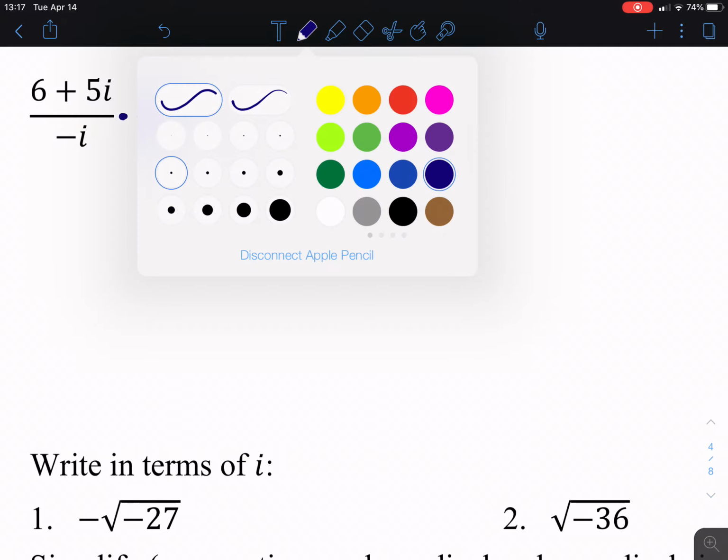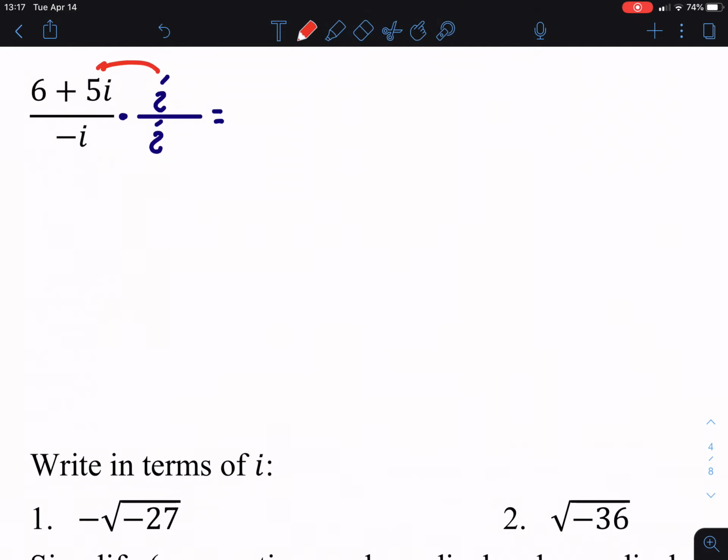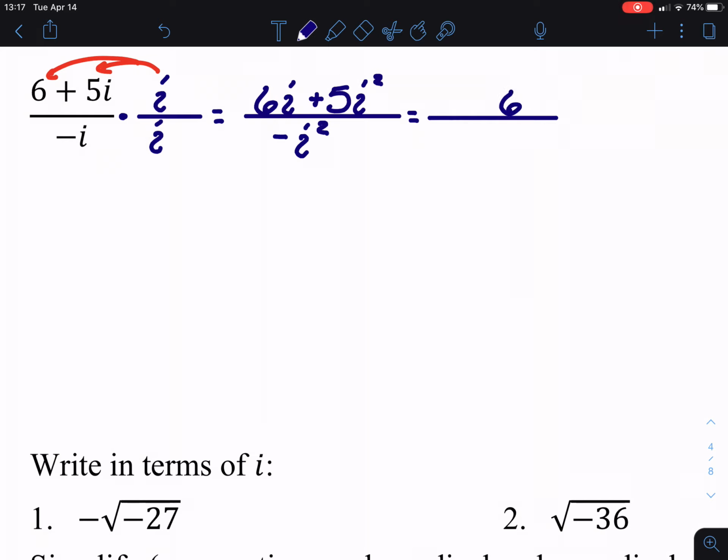So when I do that, I'm going to have to distribute the i to both pieces in my numerator. So this is going to be 6i plus 5i squared, and then I have over negative i squared in the denominator. So 6i becomes my imaginary part, so I'll put that in the back.